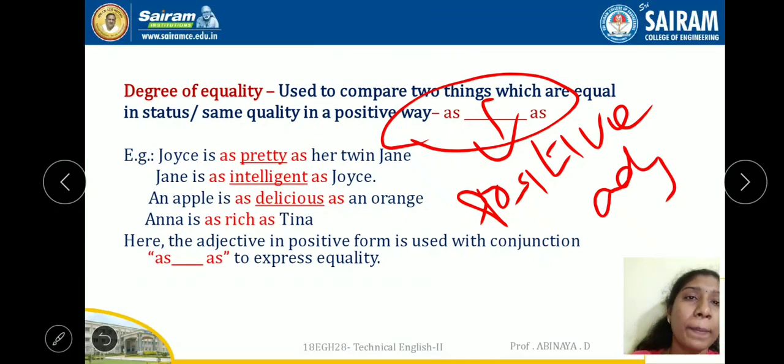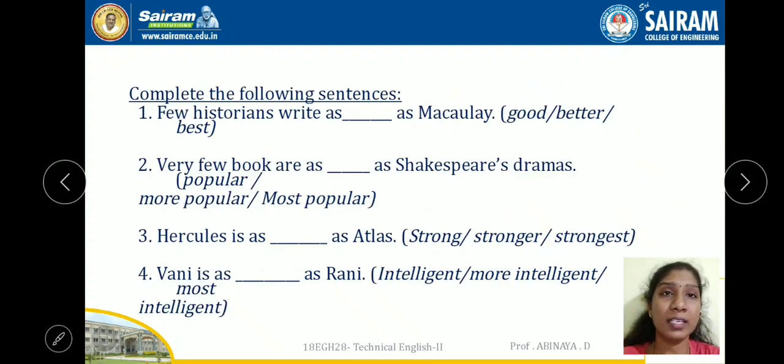Right, okay. So, the adjective in the positive form is used with the conjunction as, as positive adjective form as, to express equality. So, whenever as and a positive adjective form as comes in the sense, obviously it is a positive degree of equality. So, whenever in a statement as comes in the sense, a positive form of an adjective should come. Okay, see here.